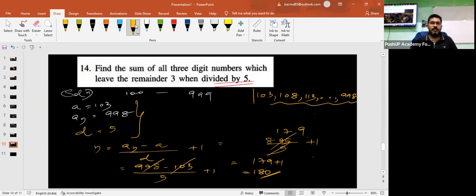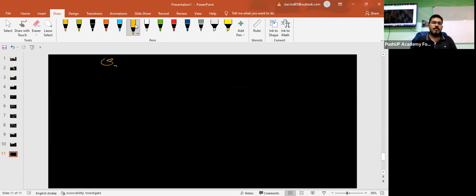Let's find the sum of all the terms. Sum of all 180 terms is equal to 180 divided by 2 into first term plus last term. First term is 103 and the last term is 998. 180 by 2 is 90. So 90 into 103 plus 998. How much?